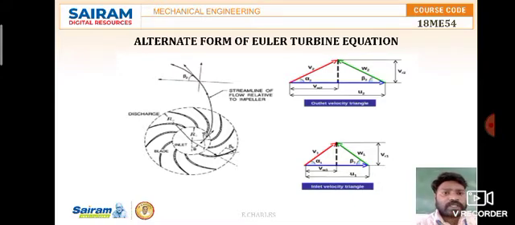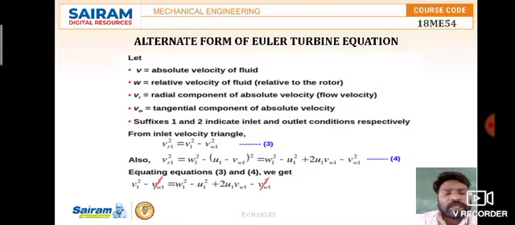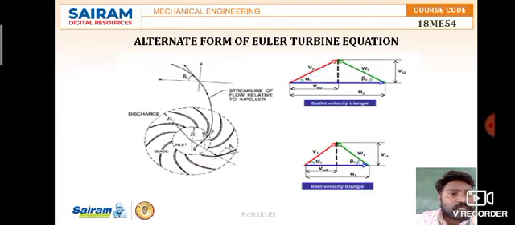Based on this velocity triangle, we will see one by one. From the inlet velocity triangle, Vr1 square is equal to V1 square minus Vw1 square, which involves Vf1, the dotted line in between.